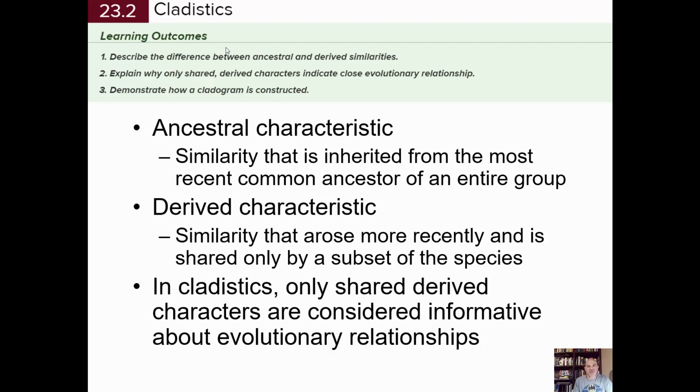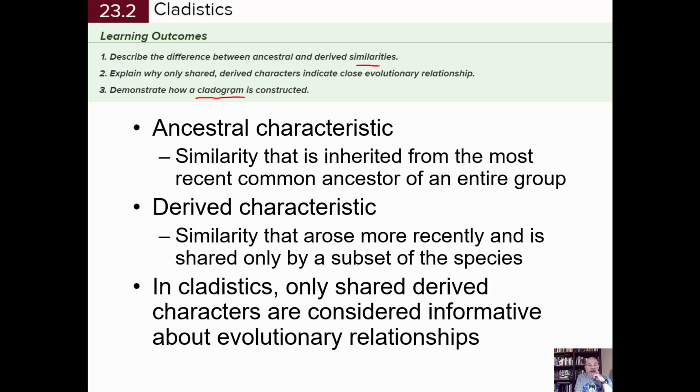The learning outcomes for this section include being able to distinguish between an ancestral and a derived similarity or character, and to explain how characteristics that are shared within a group are the ones that are important in determining close evolutionary relationships.